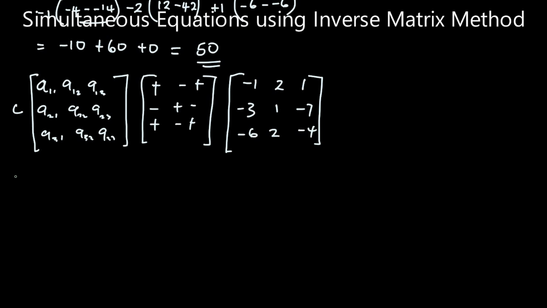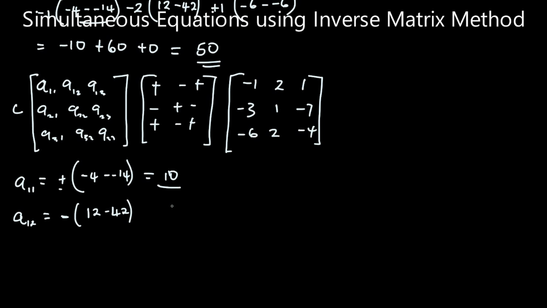So for us to solve for the value of A11, you again close down the row and the column and solve the values that remain. It should give you, remember the sign is plus, minus 4 minus minus 14, which is a 10. And because the sign is plus, this will remain as 10. For A12, you close the row and the column containing A12, it should give you a minus. Then we have 12 minus 42, which should give you a minus 30.